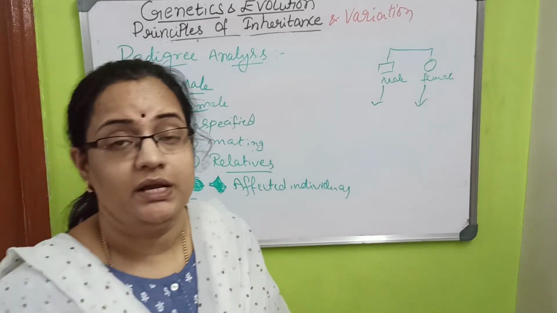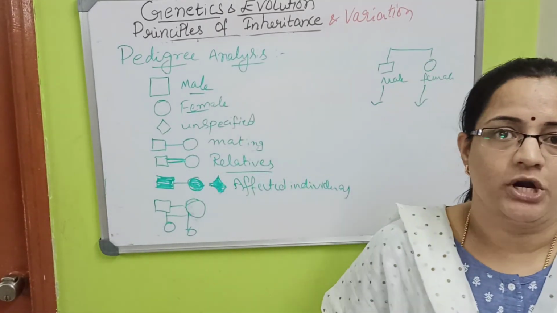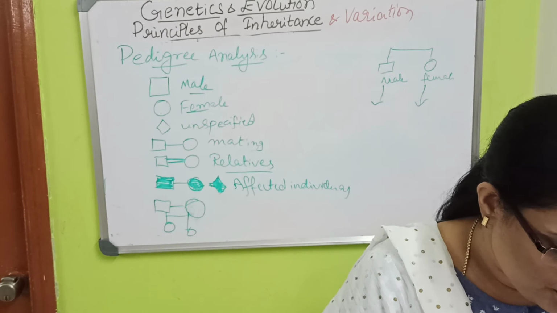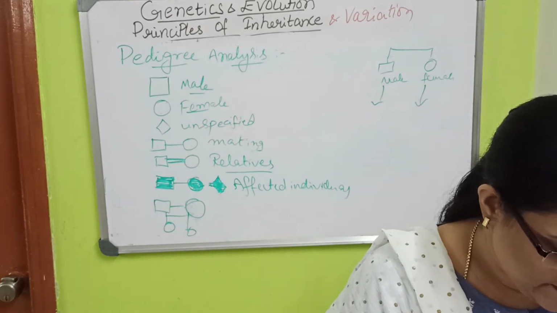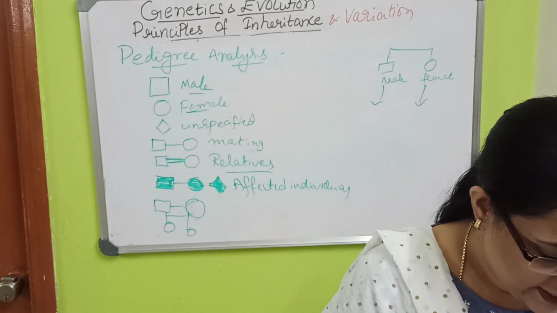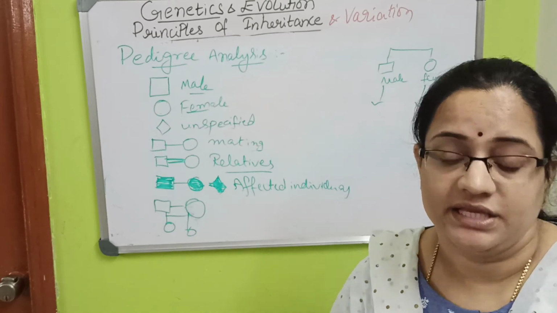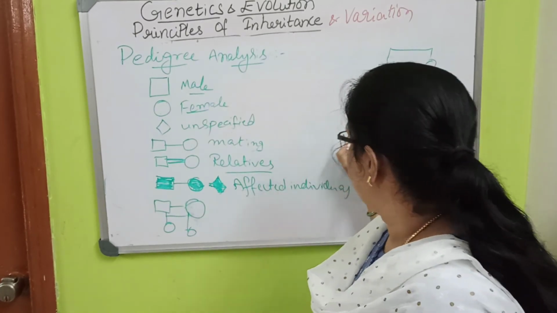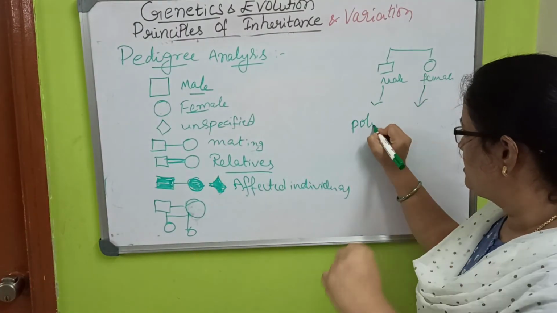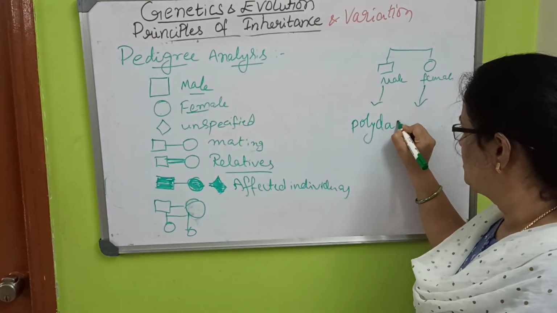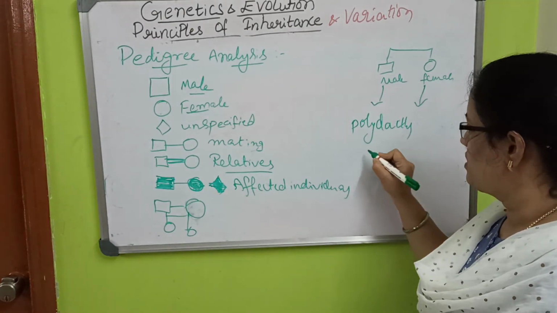These are the standard symbols they have given. They also ask for autosomal dominant pedigree, such as polydactyly and tongue rolling. Polydactyly is having an extra finger, that is one problem.